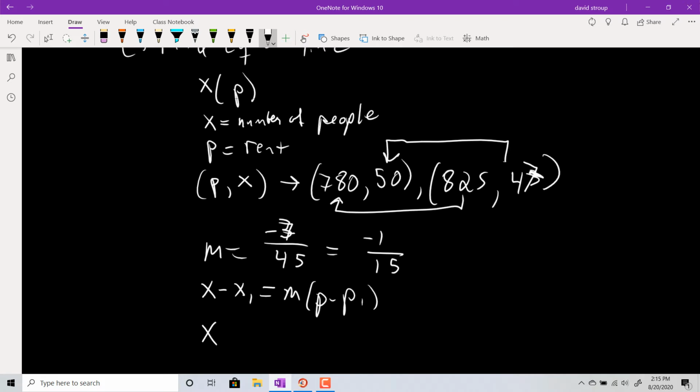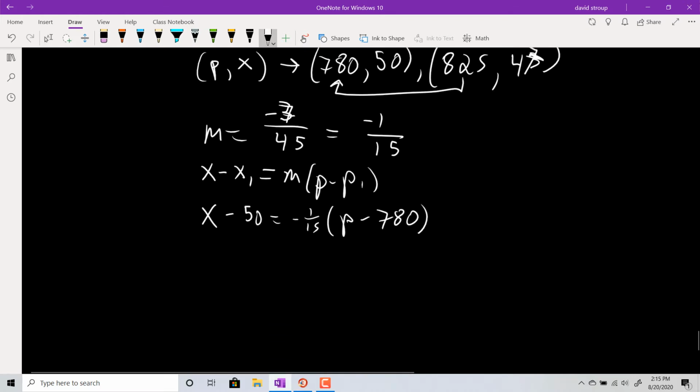So in our case, let's use the 780, 50. So x minus 50 equals negative 1/15 times p minus 780. And then we just simplify that thing and we'll be good to go. Add 50 to both sides and you get your function.